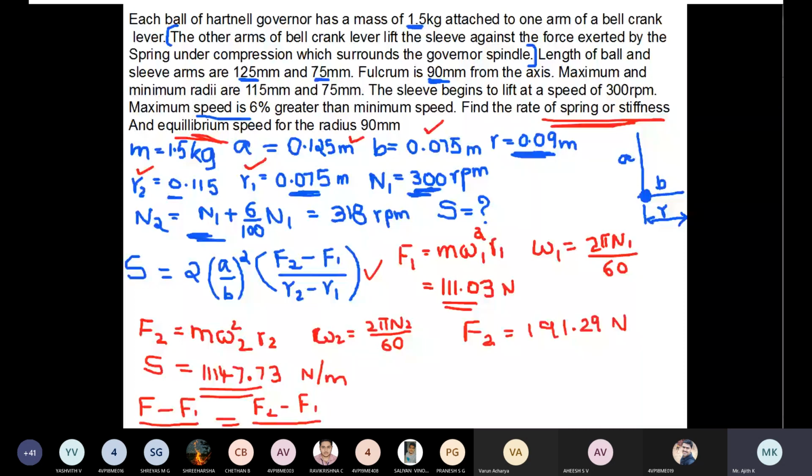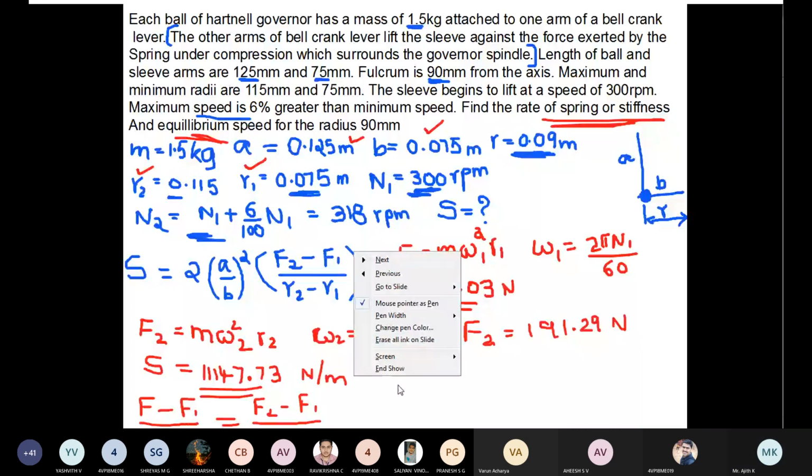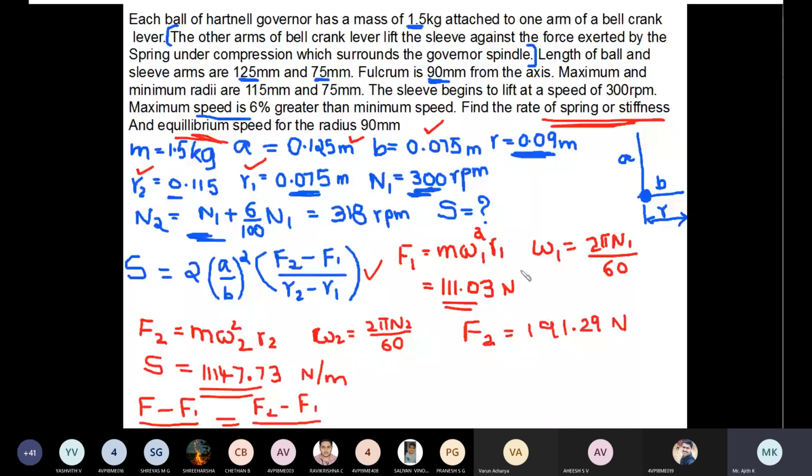So in this equation, the values of F1, F2, R1 and R2 are known. The value of R is given in the question, it is 0.09 meter.